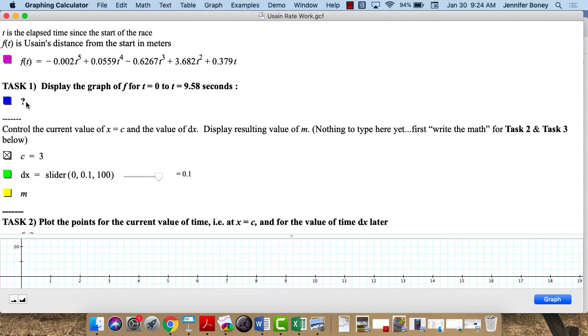So type something simple using function notation to display the graph of this function with x being the time in seconds along the horizontal axis and y being that distance from the start. So the graph that we looked at before. But make it display just 0 to 9.58 seconds, because that's when he finished his 100 meters. That's why it's such a weird number.